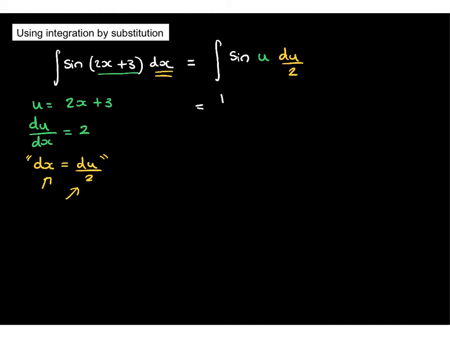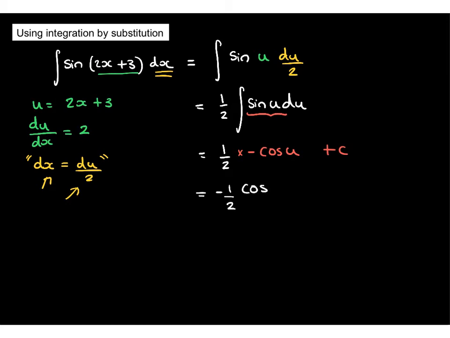I'm going to pull out the half, so we've got a half, the integral of sine u du, and we now need to remember how to integrate sine, and we know that the integral of sine is negative cos, and of course don't forget your plus c at the end, so we get negative a half cos, and then of course we have to replace u with what it is in terms of x, so 2x plus 3, and then there's simply a plus c at the end.